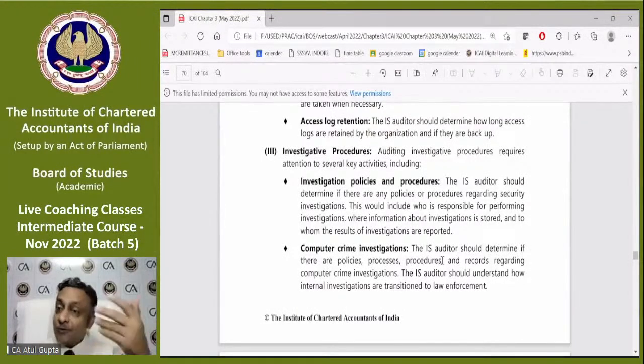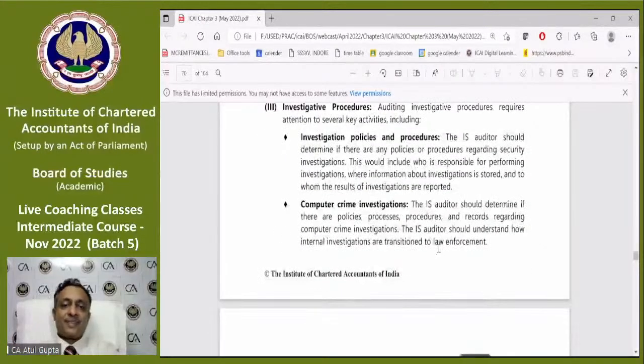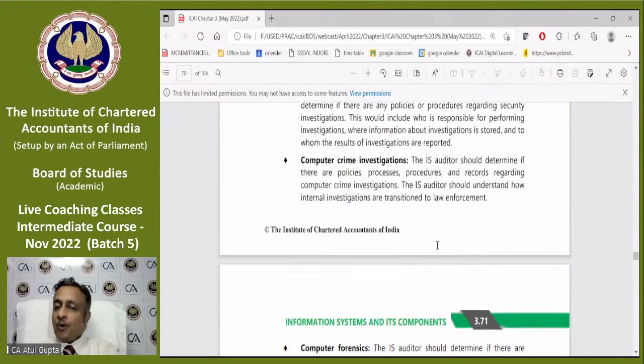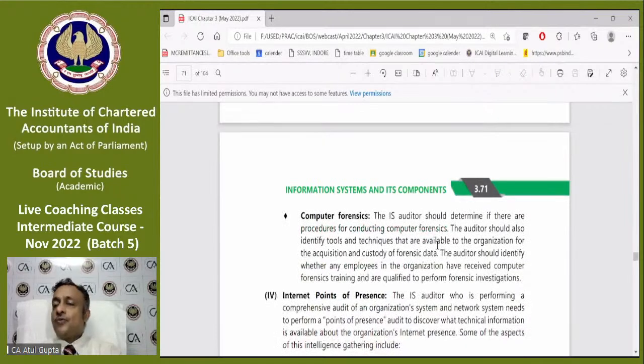I've told you that the snapshot case was an investigation done through an audit log itself. Very, very important. So you go for investigation: computer crime investigations, policies, procedures, and, very important, computer forensics. It's an evolving, developing field. Please see how you can improve in this field.